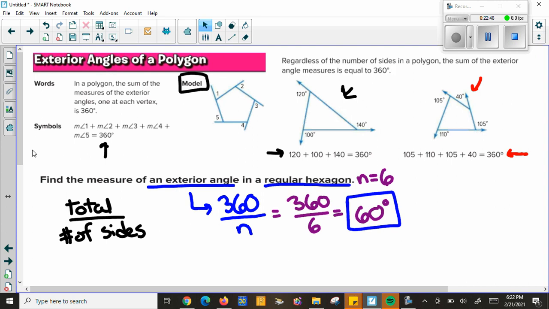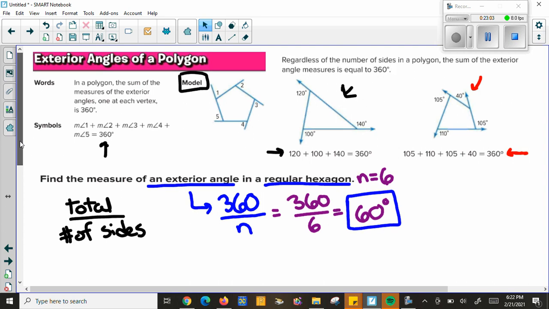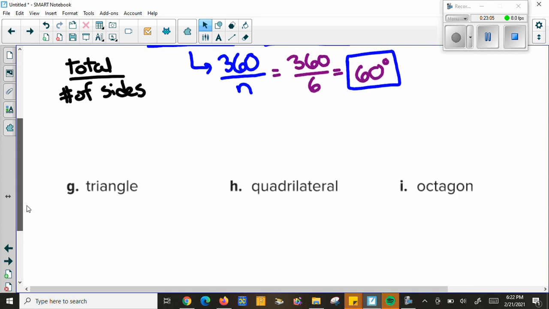I don't want you to look at this and think, oh no, it can't be that easy. This is all you have to do to find that single exterior angle. We'll go ahead and do 3 more.